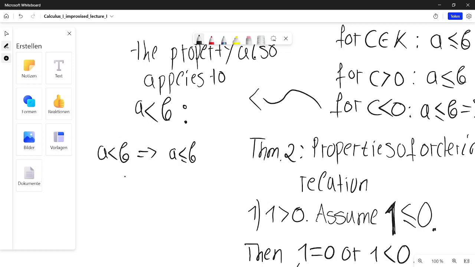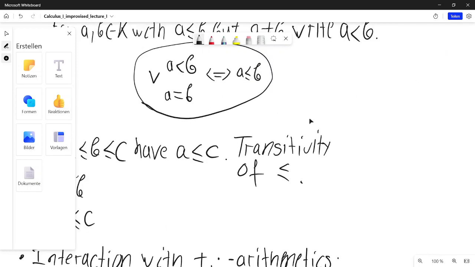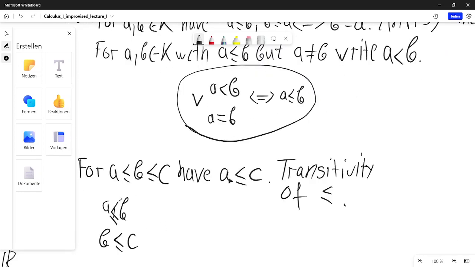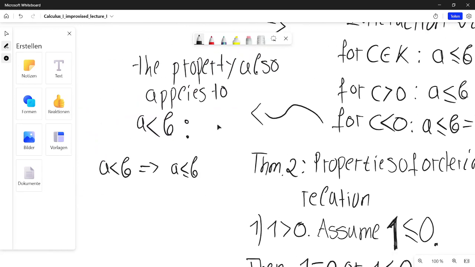And we have implication, because this was equivalence of that to those two choices connected by the or here, right? This is basically equivalence by definition of smaller, right?